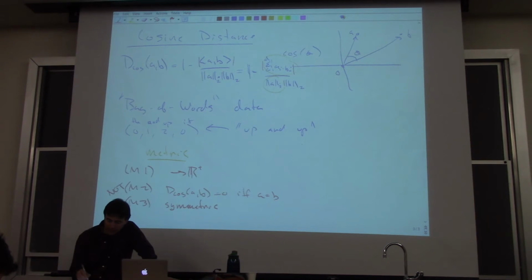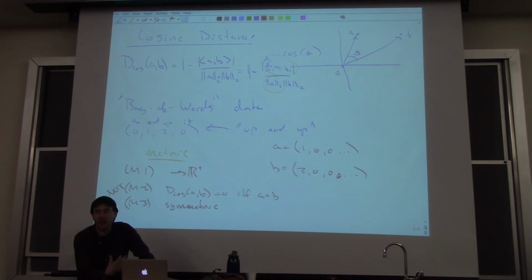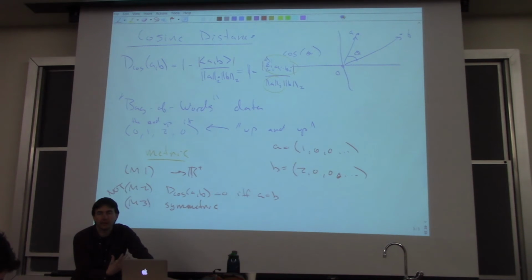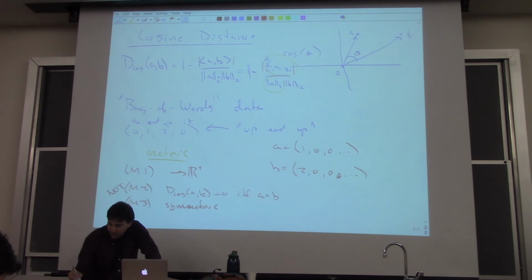Yeah, right. So I have two vectors. Let's say that A is equal to 1, 0, 0, and B is equal to 2, 0, 0. Right? In this case, B is exactly a multiplicative factor of A. These are going to have a cosine distance of 0. So I'm only taking the angle, right?